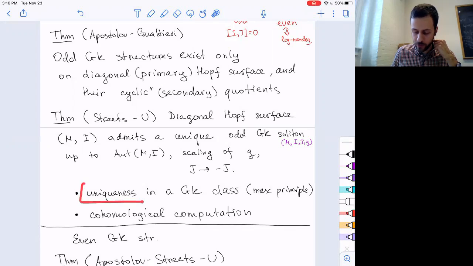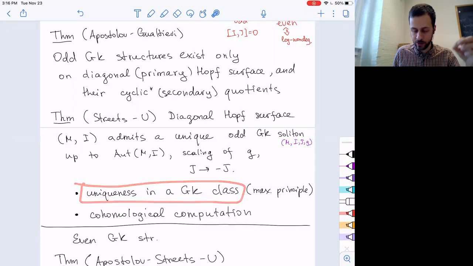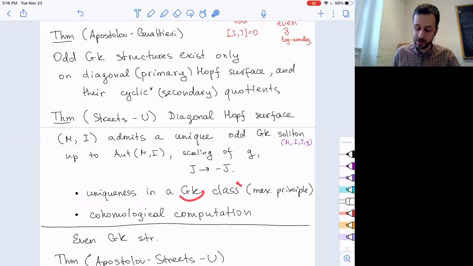What this gives you is uniqueness in a generalized scalar class, where this class is actually a class of this homology group. And then you need to understand what the possible cohomology classes in this group are on a Hopf surface, up to scaling and up to the action of the automorphism group. And what we proved is that there is only one element up to these equivalences.